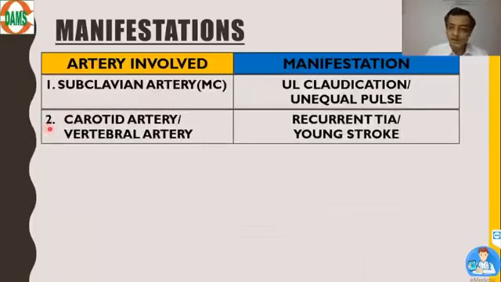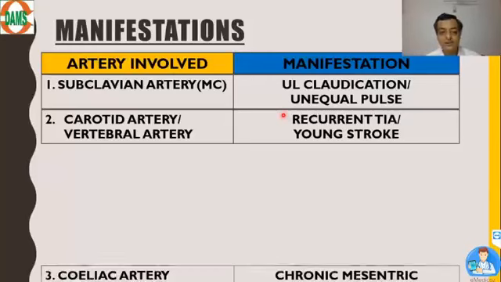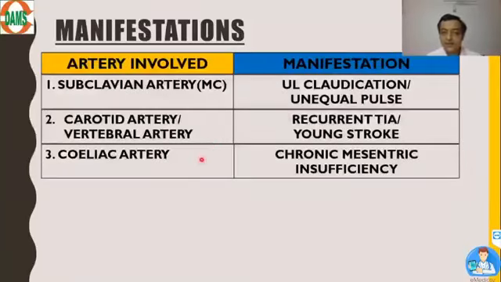Carotid artery, vertebral artery can present as recurrent transient ischemic attack and young stroke. Carotid and vertebral supply the nervous system. So it can cause recurrent transient ischemic attack or young stroke. The celiac artery can cause chronic mesenteric insufficiency.